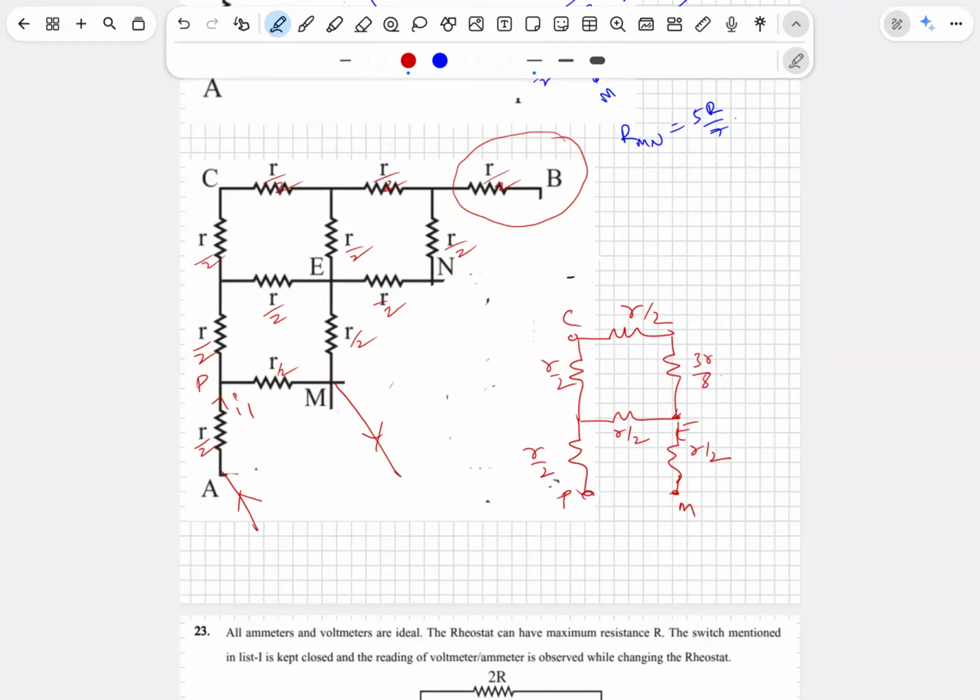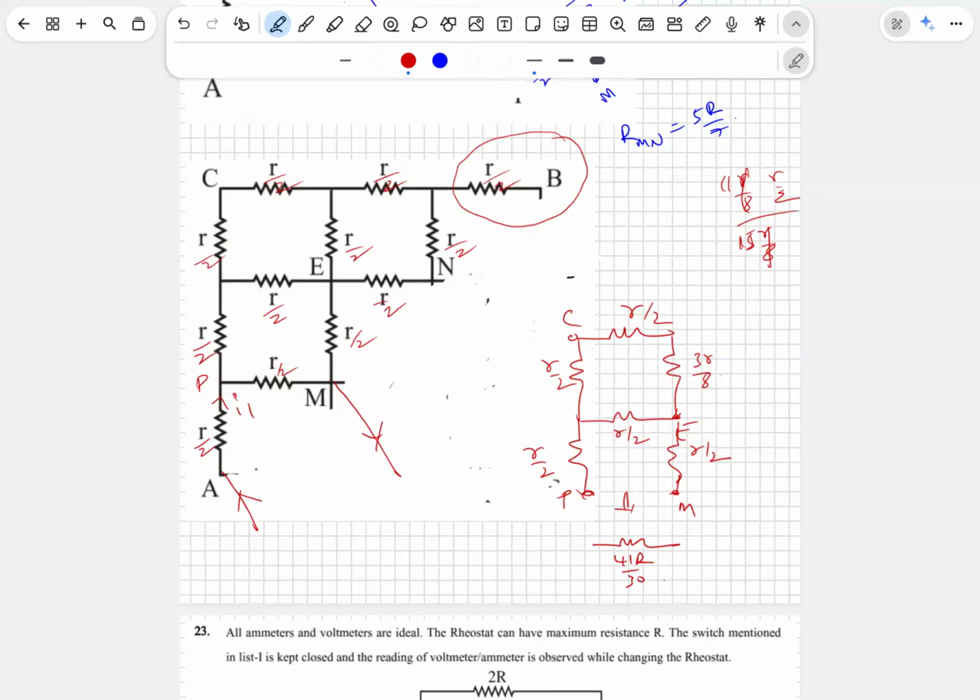What is this? 3R by 8 plus R by 2 plus R by 2. 3R by 8 plus R, 11R by 8. 11R by 8 plus R by 2 parallel, 11R by 8, R by 2, gives 15R by 8. 11R by 30. 11R by 30 plus R. So this entire thing is equivalent to 41R by 30.